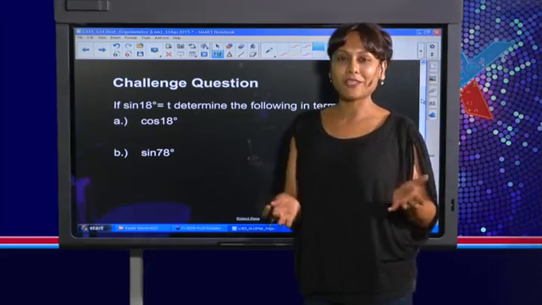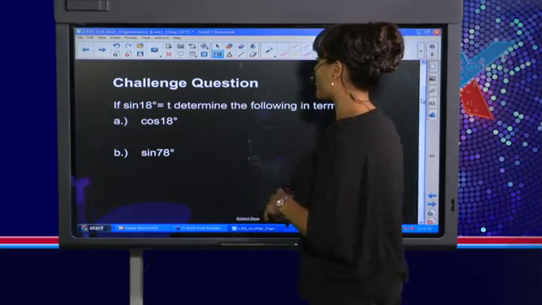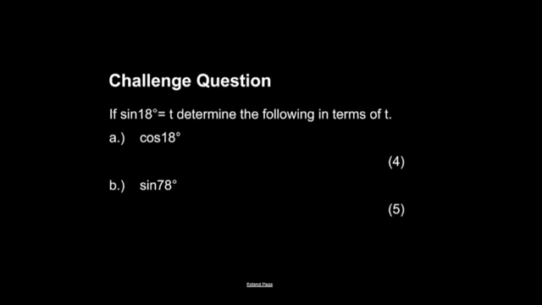I also have the challenge question for you guys for today. So I hope that you all get the answer to this, because you've been working really hard in the first term, of course. If sine of 18 degrees is equal to t, determine the following in terms of t. Now, before you look at what you have to determine, what I'm going to suggest is, when they've given you the information, sine of 18 is equal to t, remember you can rewrite t as a fraction, t over 1.